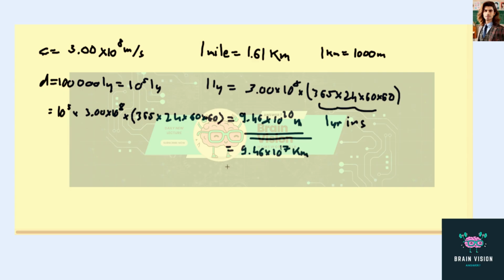And then finally, we're asked to convert the same distance into miles. And so 1 mile is 1.61 kilometers.